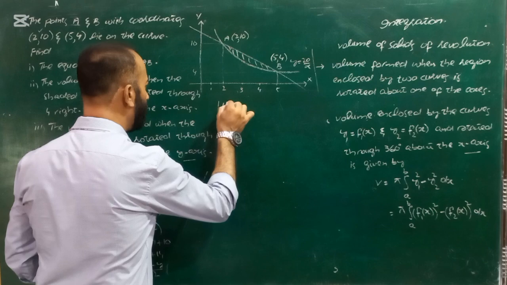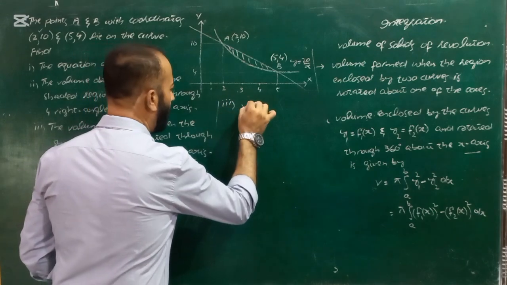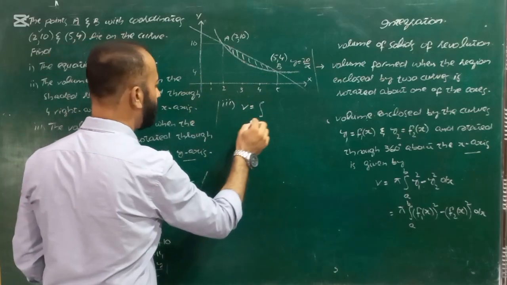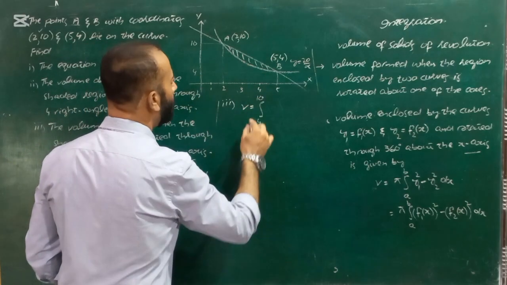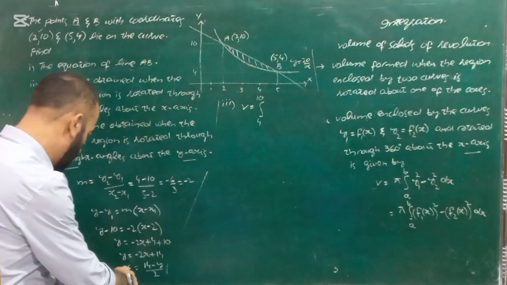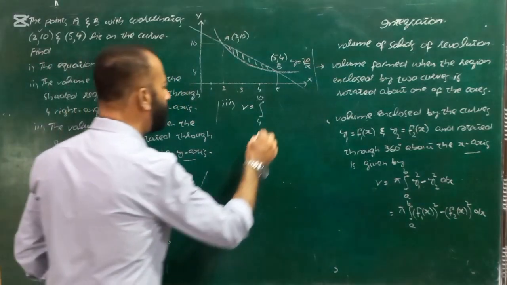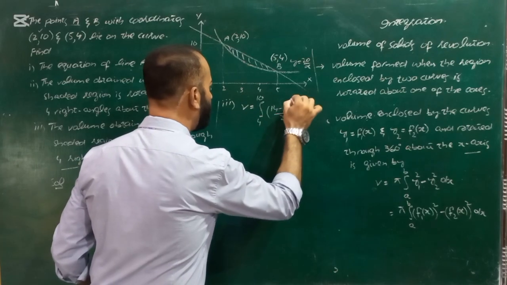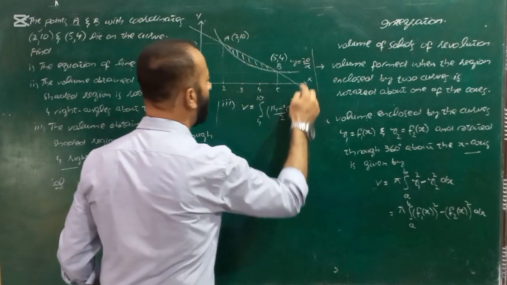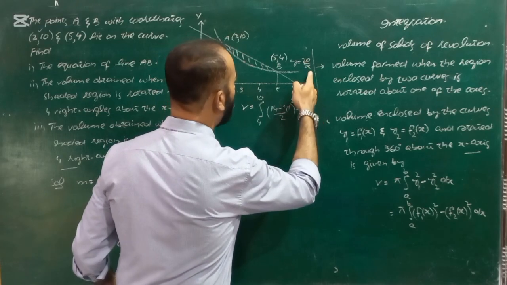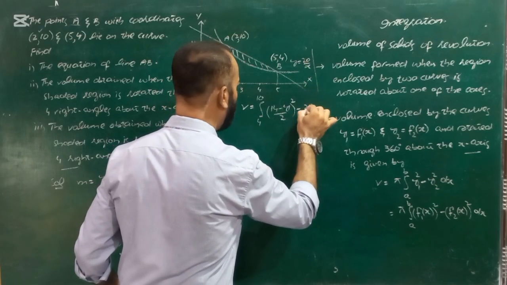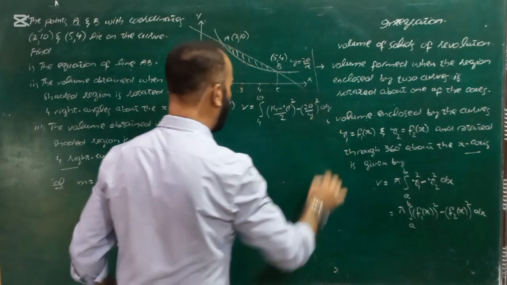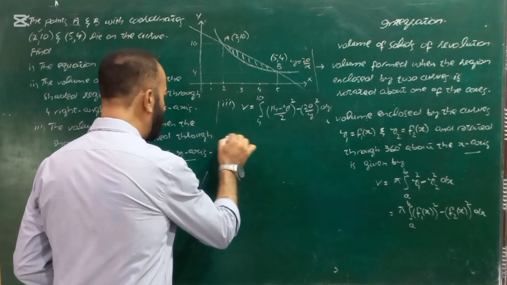So now third part, required volume will be equal to, now limit is from 4 to 10. So upper, that is 14 minus y over 2 whole square, minus lower, that is 20 over y whole square, and dy. First we will integrate it.